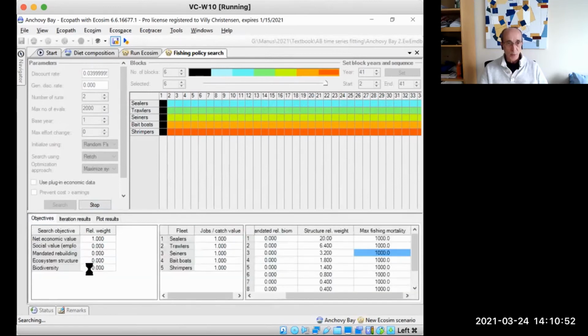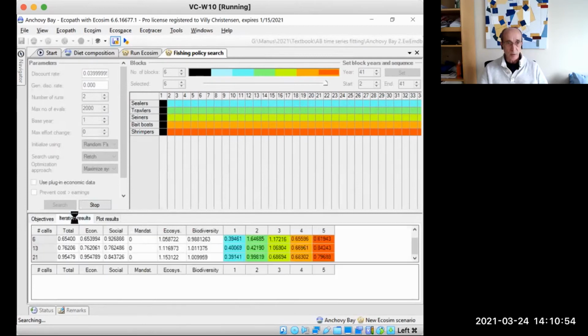See, I put 1 there. We're optimizing for profit. This is what the traditional economists say, that's how we should be managing fisheries, to optimize for the individual, for the fleet profit, making them efficient and so on and so on.